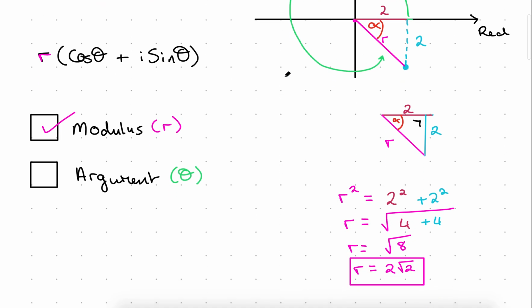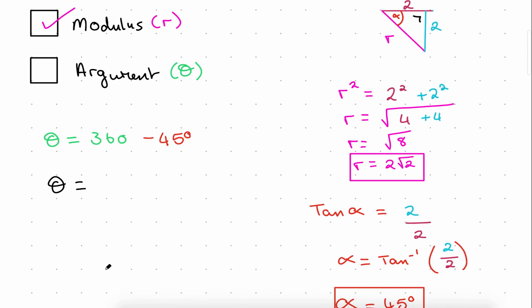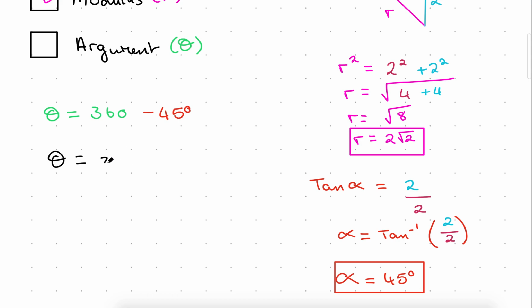So what I'm going to say now is that theta is actually equal to the 360, which I almost do, the 360 almost the full way around, take away my reference angle because I haven't quite reached the 360, so take away 45 degrees. Theta is equal to 360 minus 45, so I get 315. That's going to be my angle, my argument that we're talking about here.